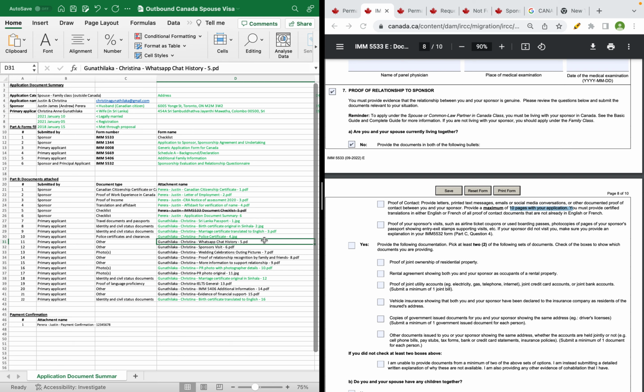And also at the beginning of the file, like this PDF document, the Word document we first did and converted to PDF, we said, please note, due to space limitations of 10 pages, we have only provided extracts of the chat history. If further information is required, we are happy to share the full chat history, okay.